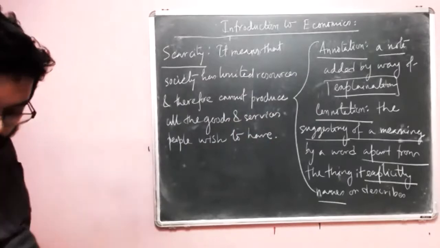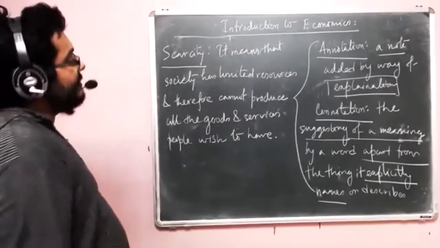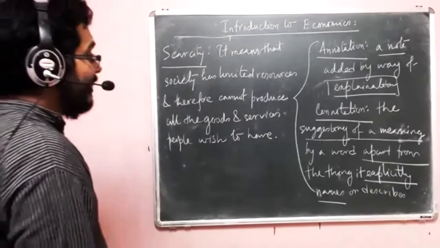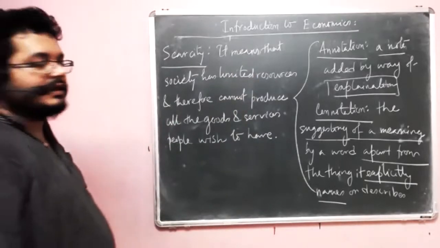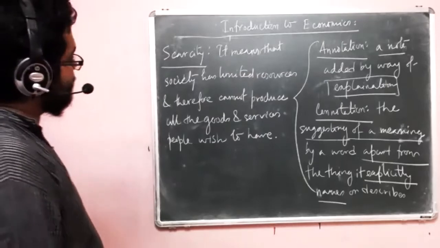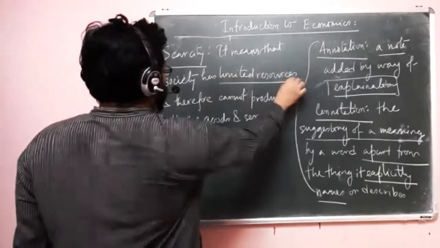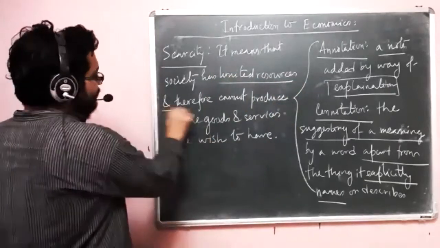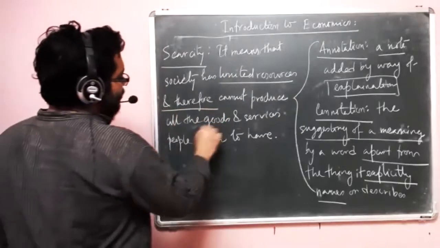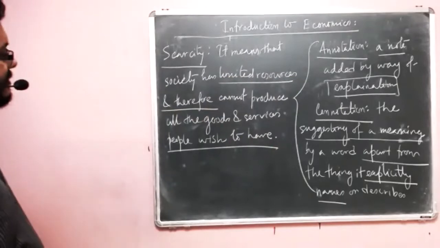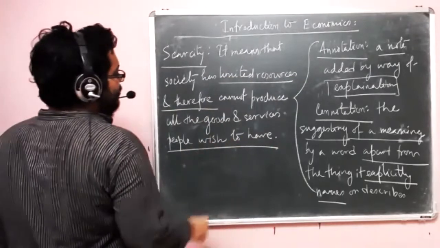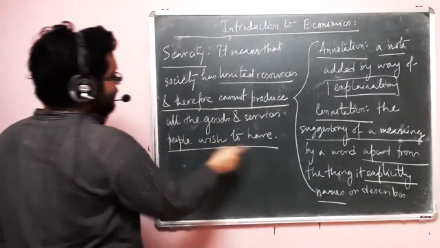Okay, now, what does this mean? What we write is a sort of annotation, which again, as I said, we'll be writing as the definition when asked. So it means that society has limited resources and therefore cannot produce all the goods and services people wish to have. So limited resources, and that leads to this: cannot produce, people wish to have.